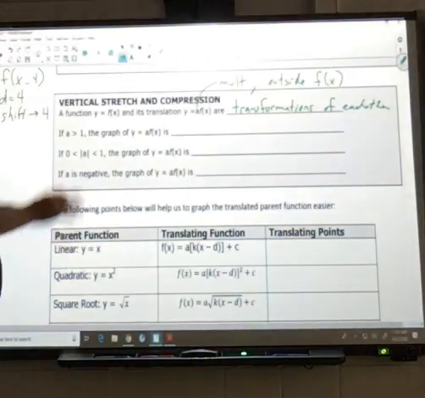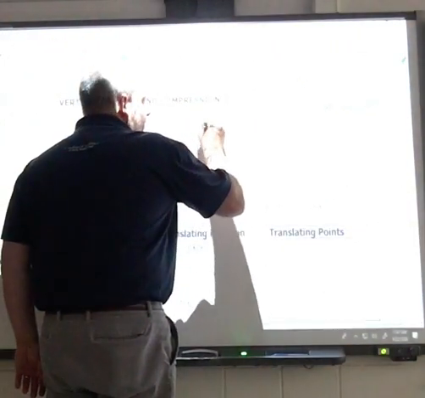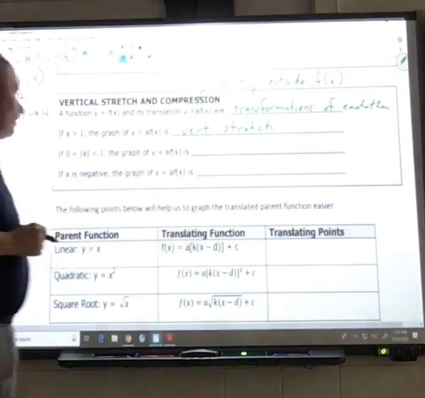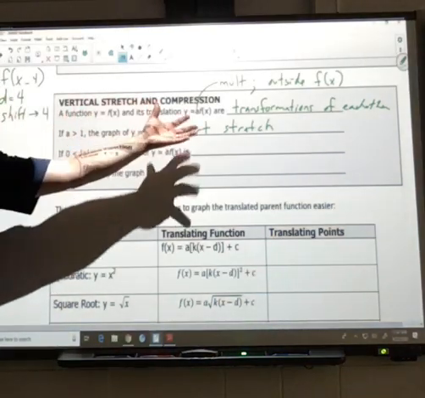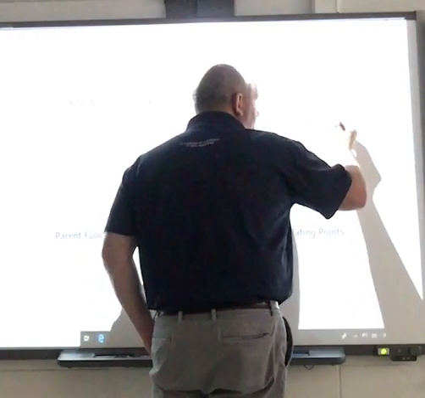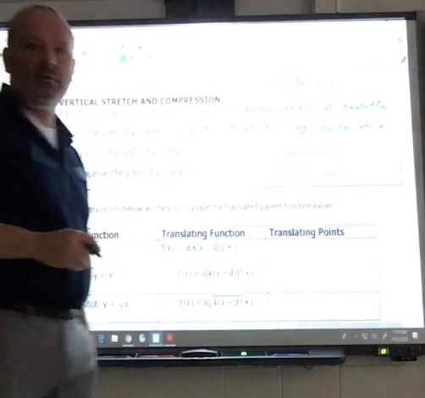If a is greater than 1, then it's going to be a vertical stretch. If a is a big number, it's a vertical stretch by a factor of a.